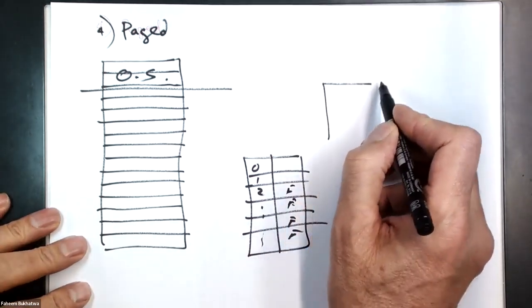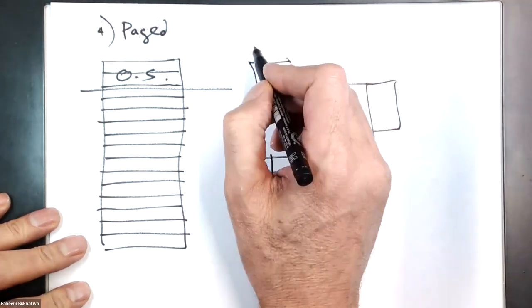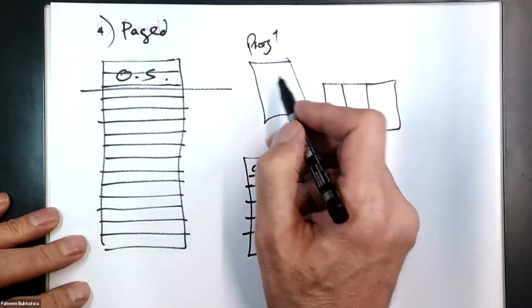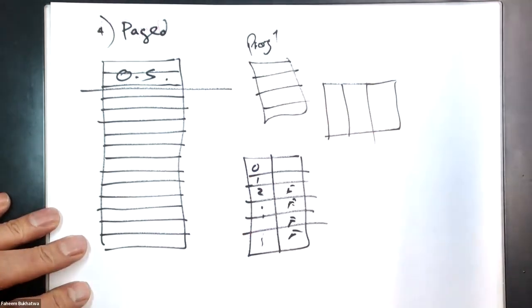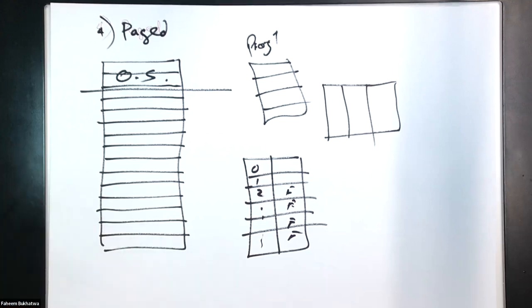The next thing you need to always describe is when a program comes in. Here's a program comes in. Program 1 comes in. What do we do with the program? We also split the program into equal size pages. And the pages of a program are the same size as the page frames of main memory.